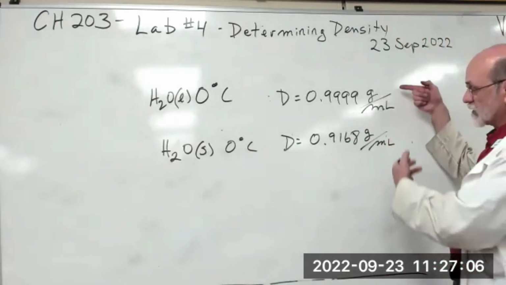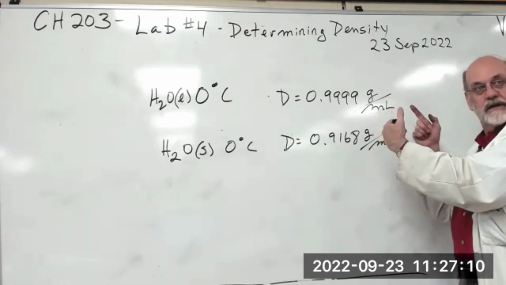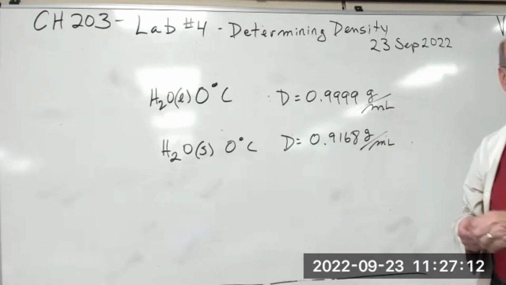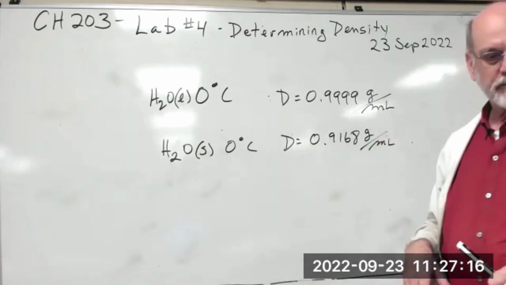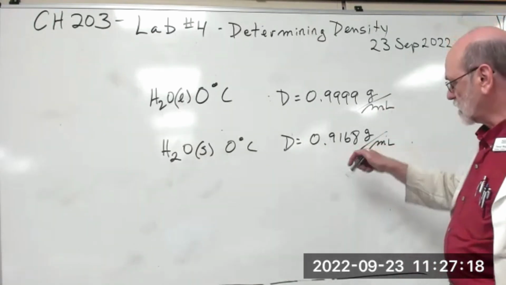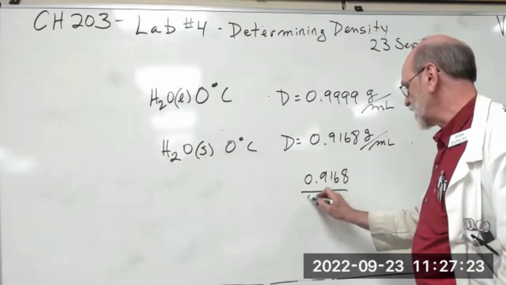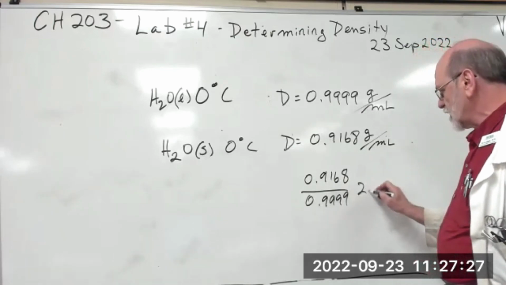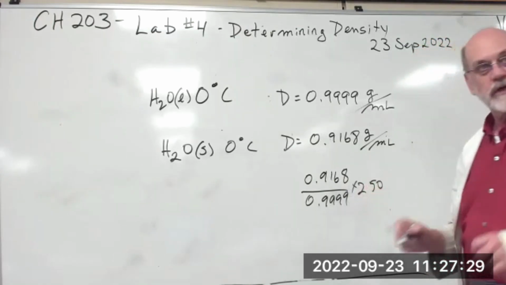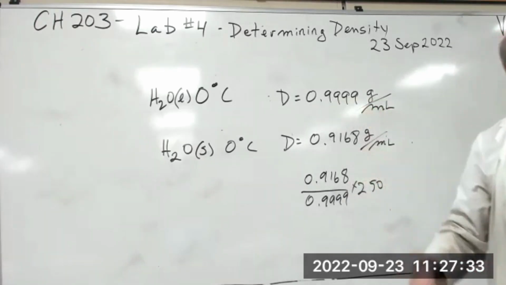Because it increased the volume to go from liquid to solid. So when it goes from solid to liquid, it decreases the volume, right? So the ratio of the densities, this one divided by this one times 250 will give you the volume of liquid that forms from that ice.